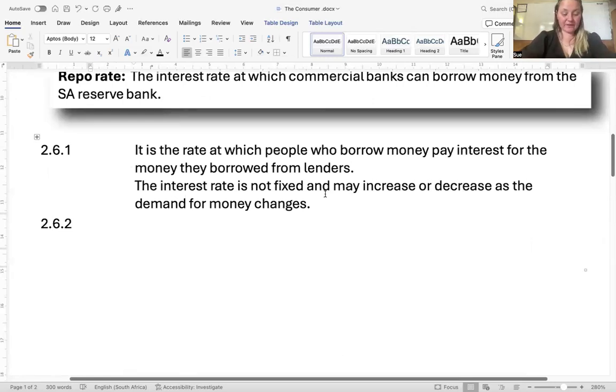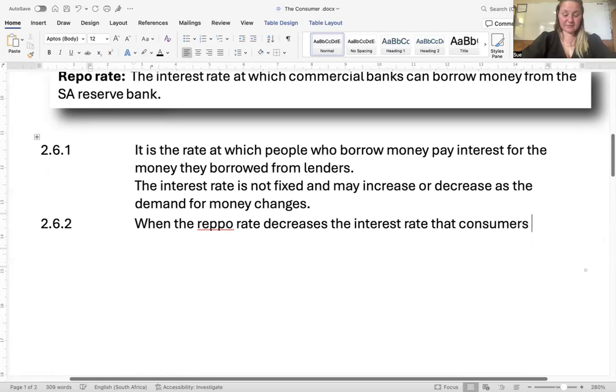When the repo rate decreases, the interest rate that consumers pay on their home loans will also decrease.